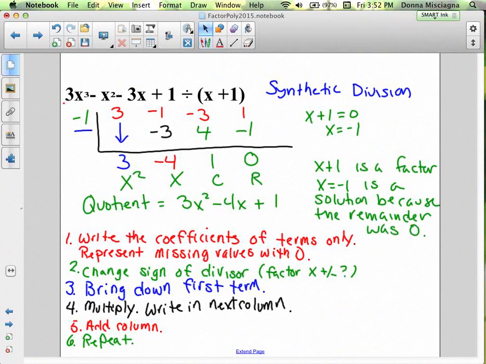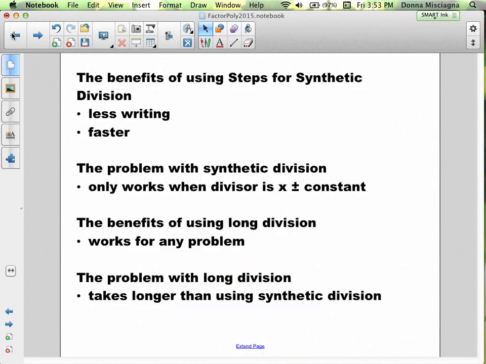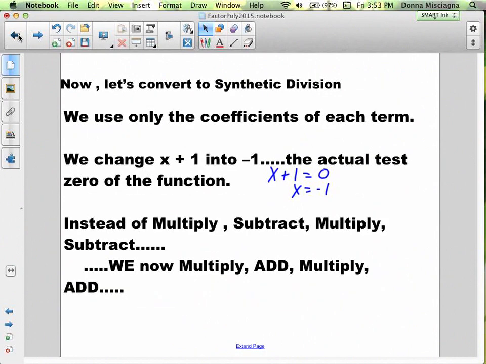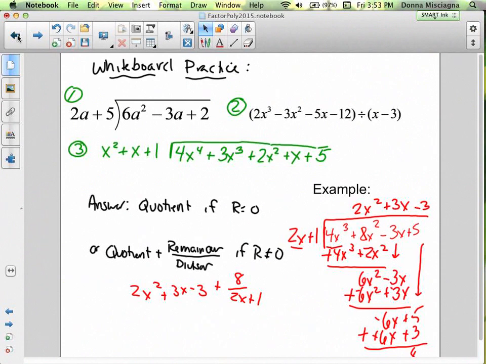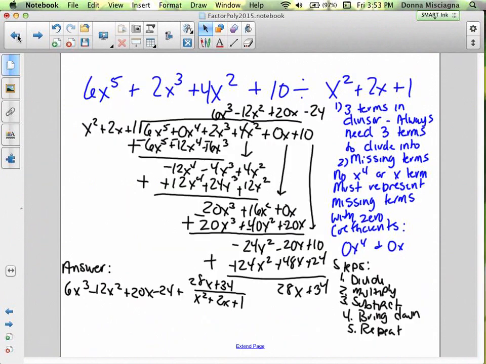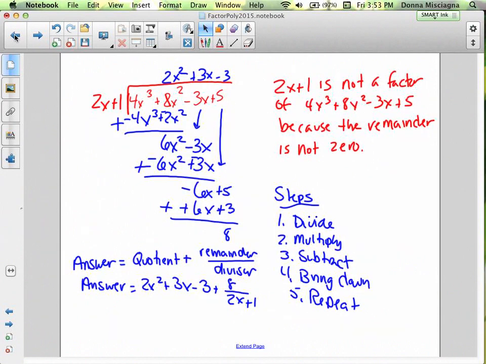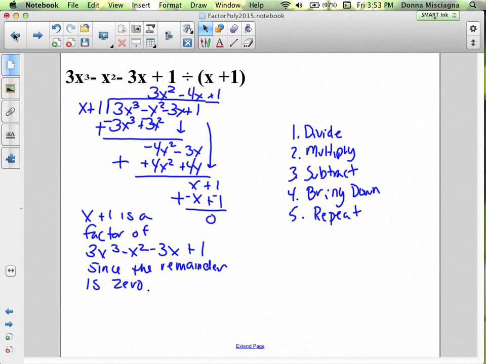Now, I think we've seen a problem just like this before. Let's go back a few slides. For this nice long problem, I think it's maybe right here. Look, 3x cubed minus x squared minus 3x plus 1 divided by x plus 1.